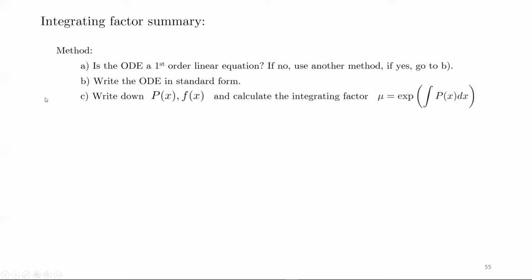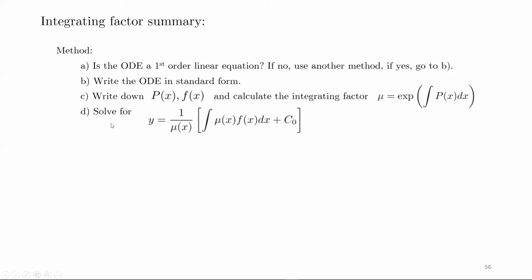Thirdly, write down the functions p of x and f of x, where p of x is the factor multiplying the linear term, so the y term in the examples we looked at. F of x is the right hand side of the equation, which is only dependent on x, or let's say only dependent on the independent variable. Okay, and we can calculate the integrating factor using this equation here, the exponential of the integral of p with respect to the independent variable.